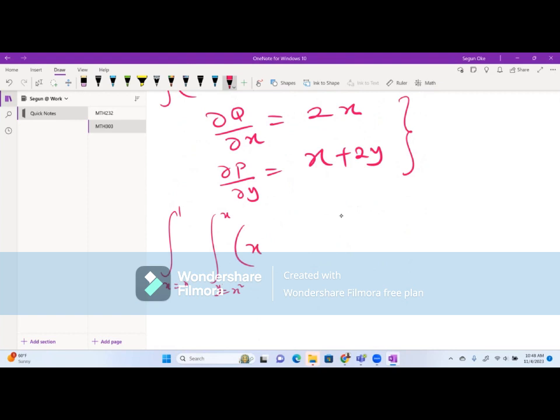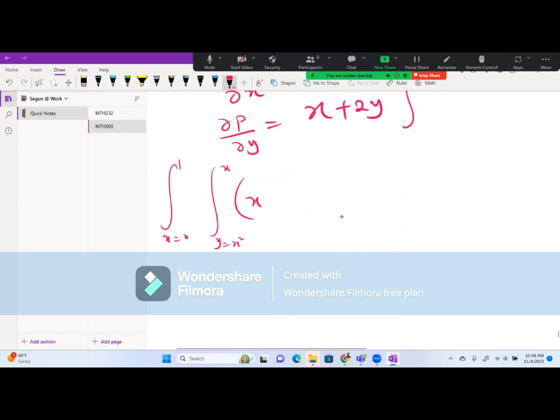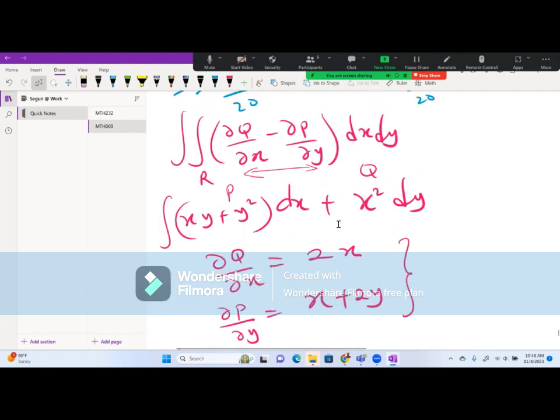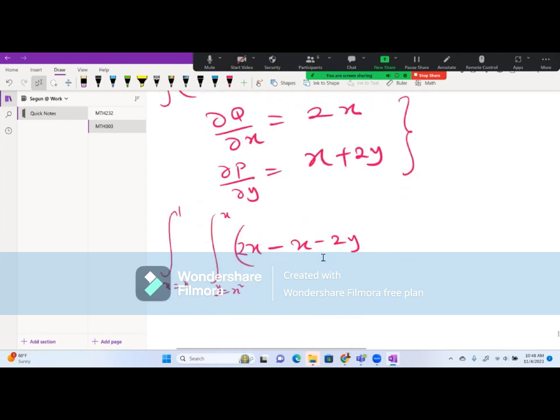We have dQ/dx, which is 2x, minus dP/dy. Remember, it says dQ/dx minus dP/dy. dP/dy is x plus 2y, and the negative will affect the parentheses when you open it. It will be minus x minus 2y.